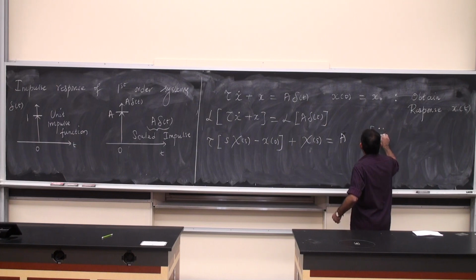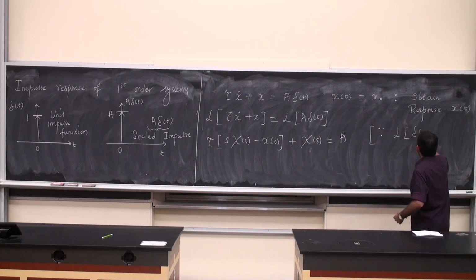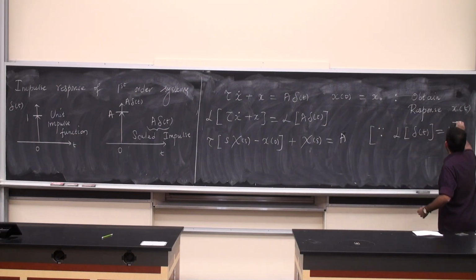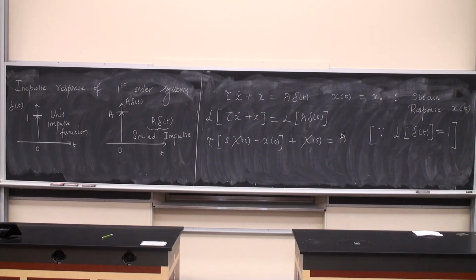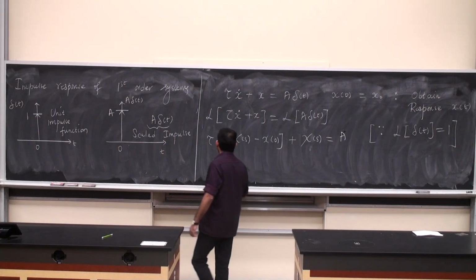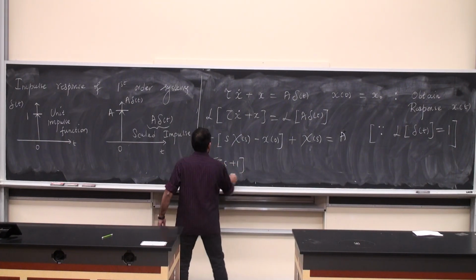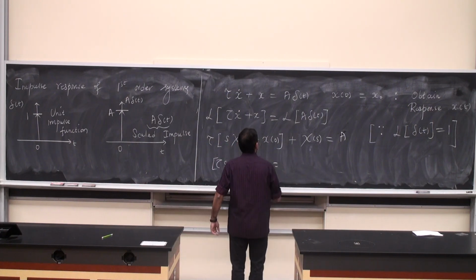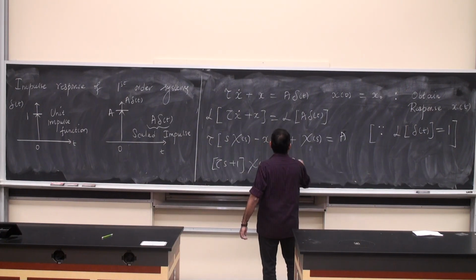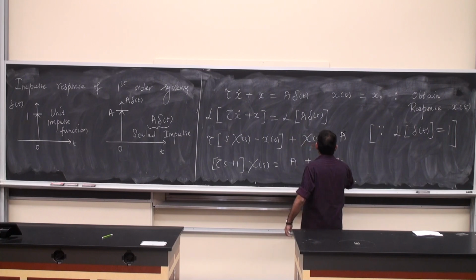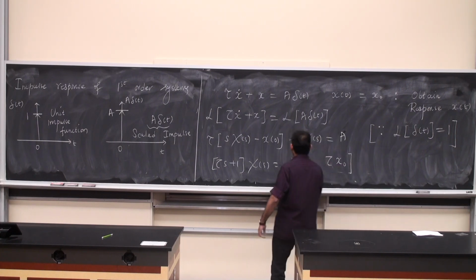This is because Laplace of delta of t is equal to 1. Rearrange the terms: tau s plus 1 times x of s is a plus tau times x naught.